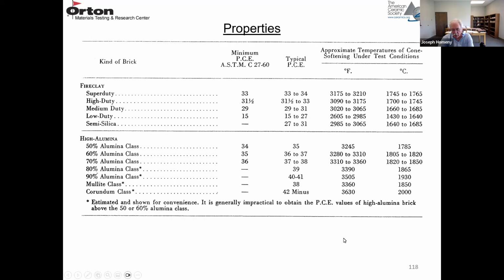So those are what the PCE test looks like, and that's how they rank these materials, especially useful for the fire clay materials. So a super duty, it usually has to be a 34 or higher to be ranked as a super duty.